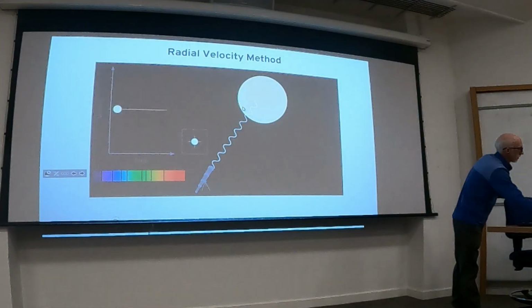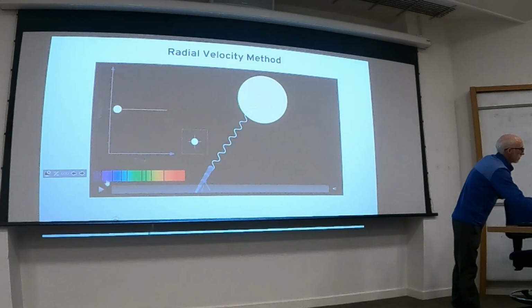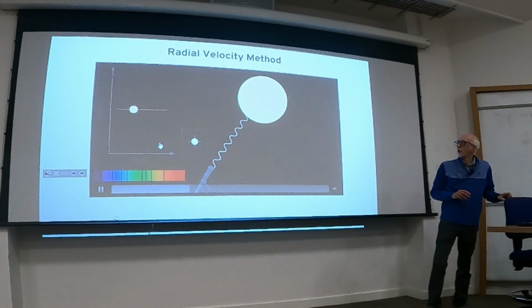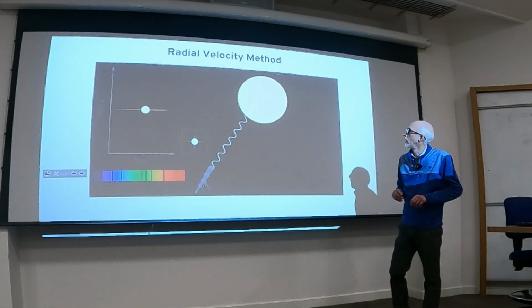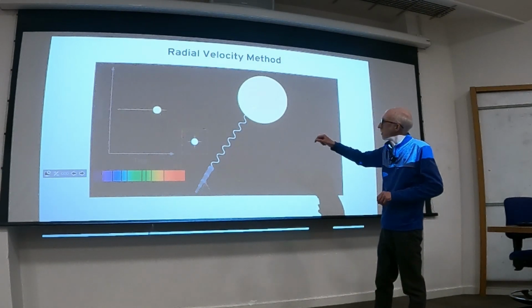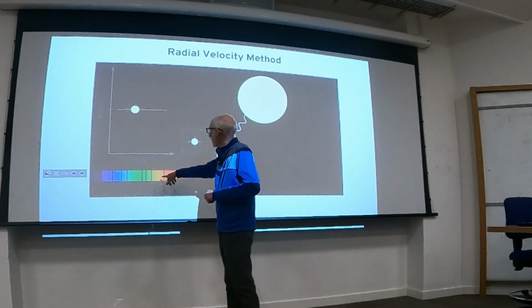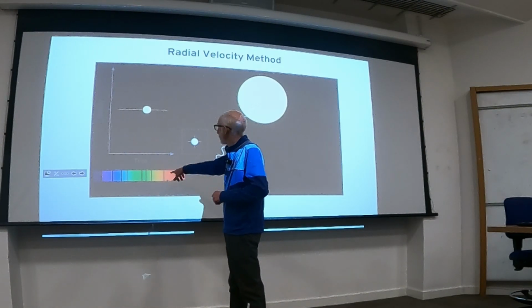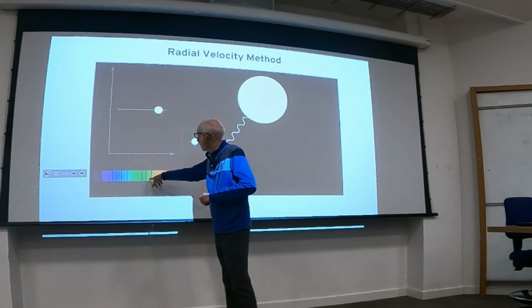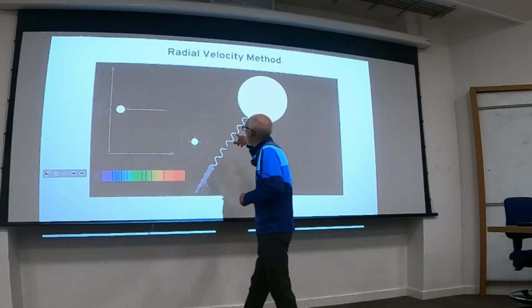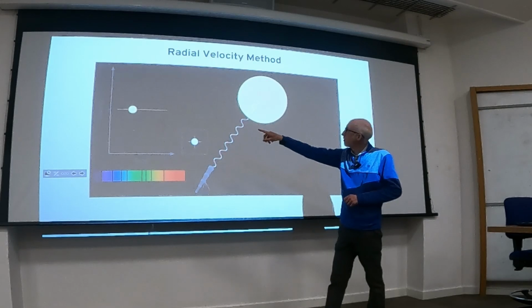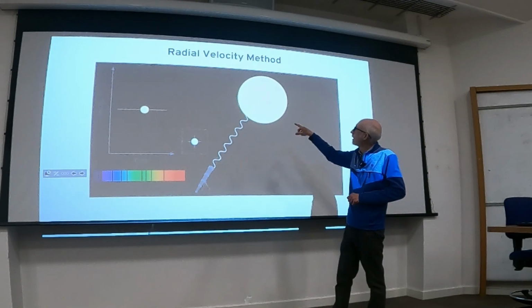This animation glitches slightly. So this is what happens if you observe a star without a planet. The light comes towards you, and the spectrum, I don't know if anyone was at Yv's talk, but you can see that the spectrum of light remains constant. These lines do not move because the light is constant and there's no velocity change in the star.